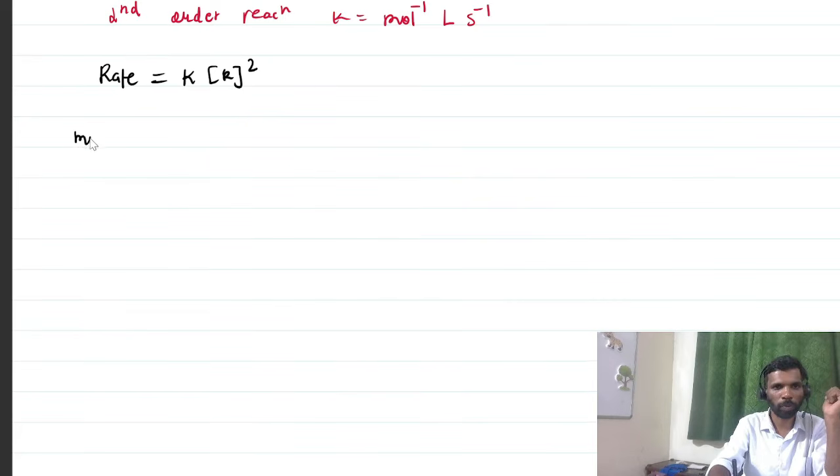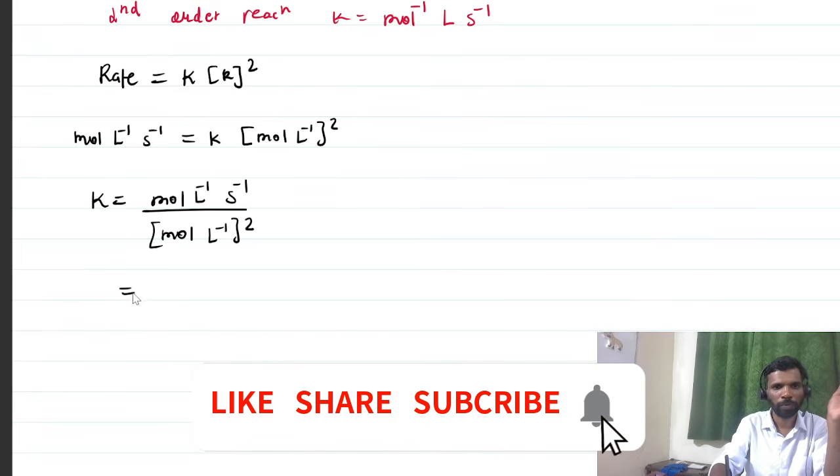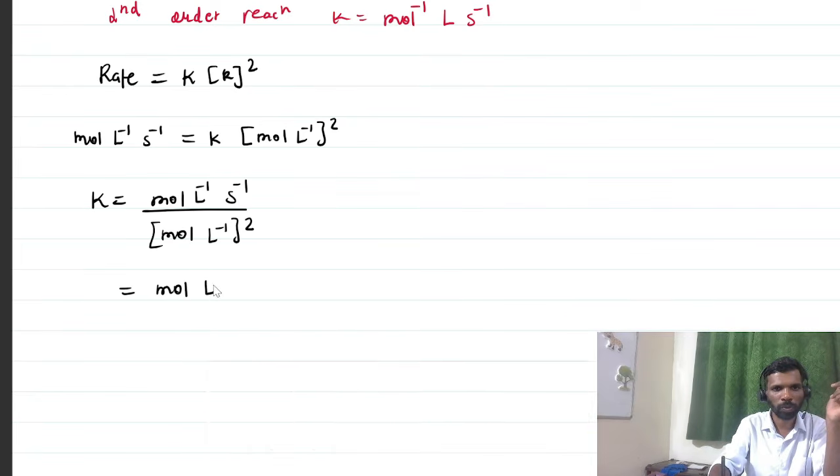So rate is moles per liter per second. Units of concentration are moles per liter raised to 2. So K is equal to moles per liter per second, and down it is moles per liter raised to 2. You open this bracket, this becomes mole square liter raised to power minus 2.